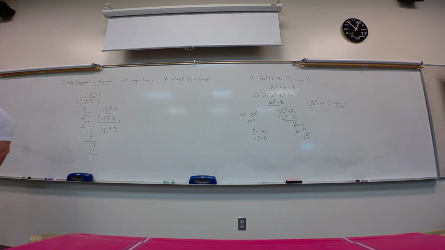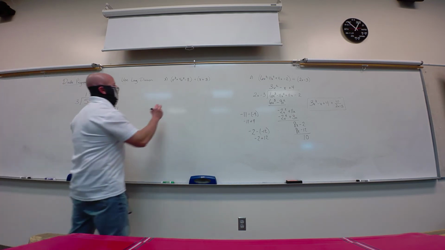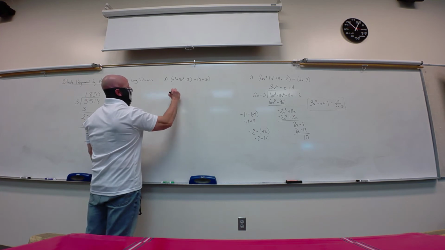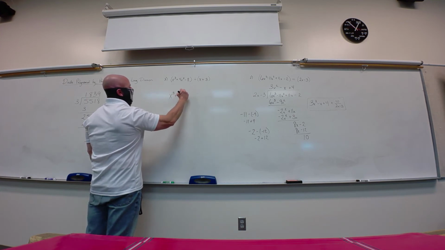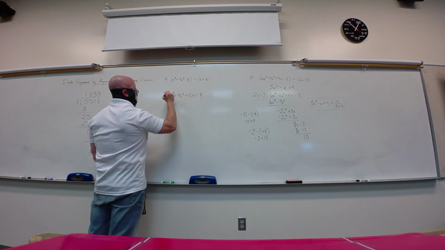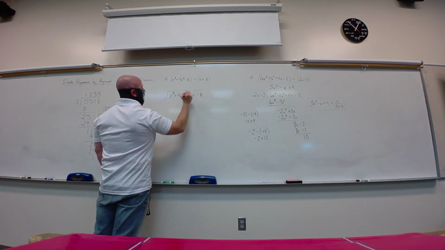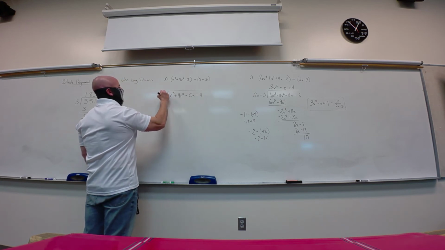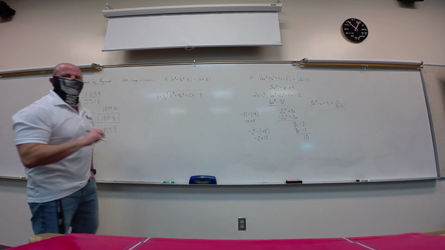Now this one, I set it up in division format. Cubic term is going to go underneath, but there's a little trick in this one. I need to write it as x cubed plus 4x squared plus 0x minus 8. X plus 3 on the outside. That's 0x. Right?